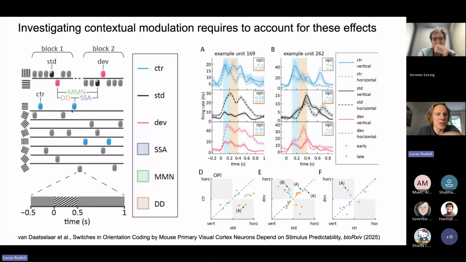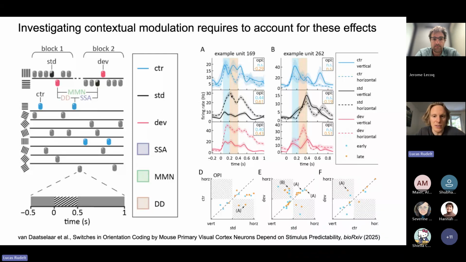So overall, the stimuli are short. And so the effects that I showed you, this long-term depression can reach far into this block and substantially affect these results. For example, in this case, for this unit, here the horizontal responses have been stronger, but in the control, the horizontal seems to be depressed actually compared to the standard, right?